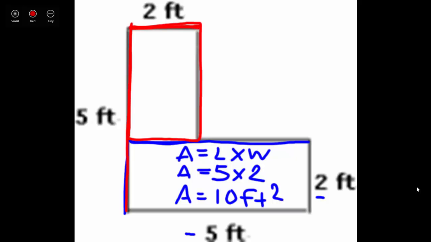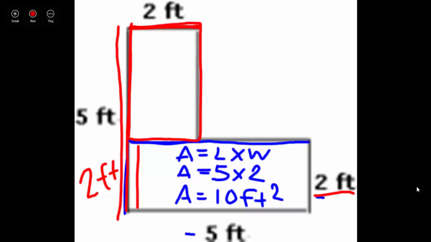So now we need to think about what we know from the bottom. Now we said if this side here is 2 feet, then straight across we know this side here would be 2 feet as well. And that's just from here to here. Well, if this whole side here is 5 feet, and this small section we said here is 2 feet, then what is just this section right here?